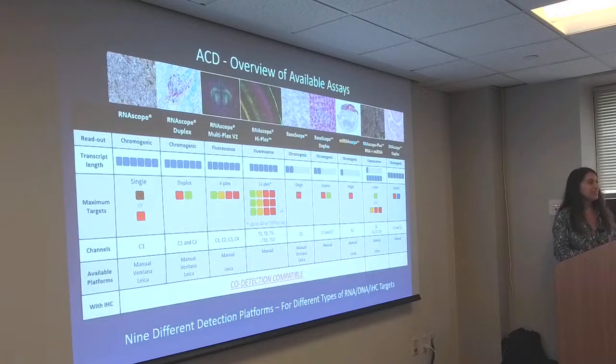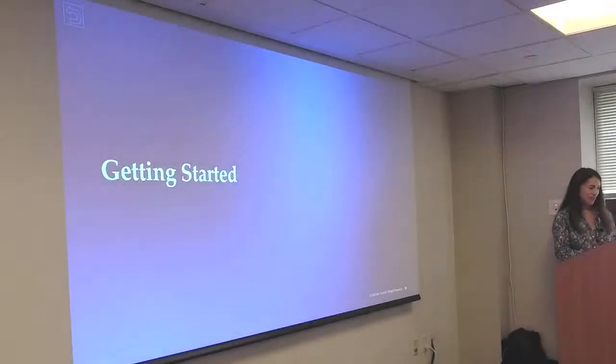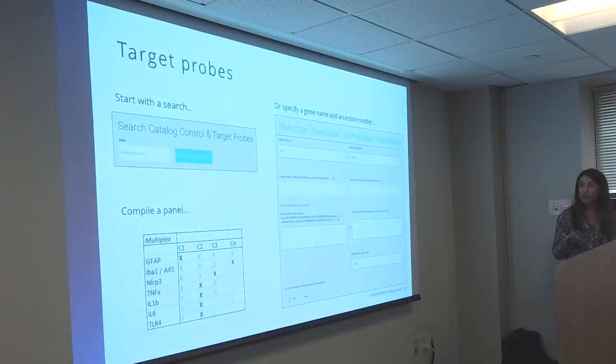Any other questions? All right. So how about let's just think about getting started. When you want to work in RNA scope, I'll push you to go to the catalog first, to see if what you want is already something that we've designed a probe for.